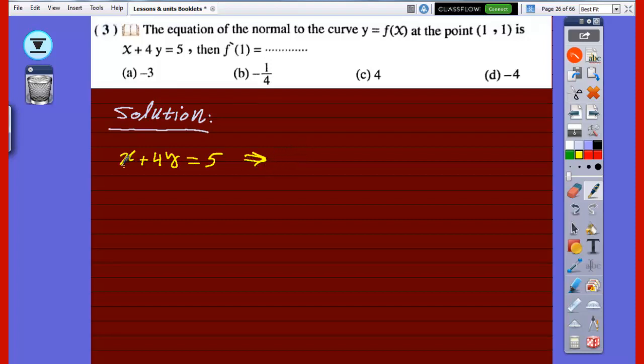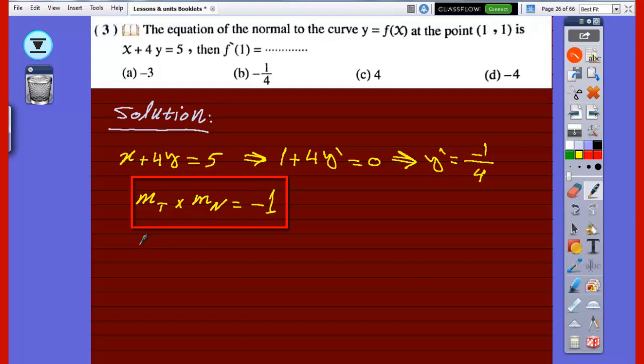We have the derivative of x is 1 plus the derivative of 4y is 4y dash equals 0, and then y dash equals negative 1 over 4. This is the slope of the normal. So what is the slope of the tangent? We have the product of the slope of the tangent multiplied by the slope of the normal always equals negative 1.